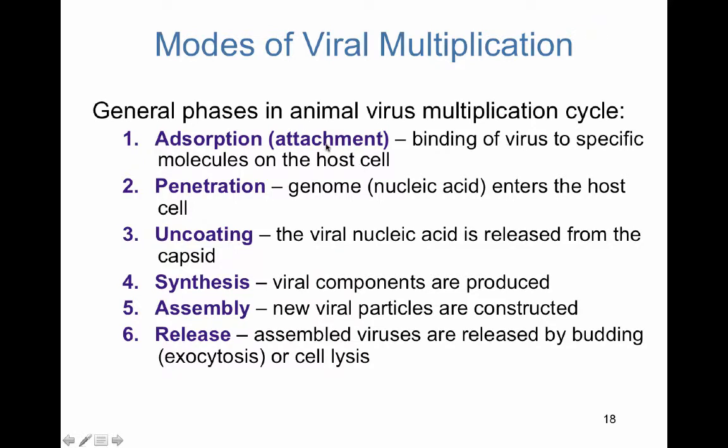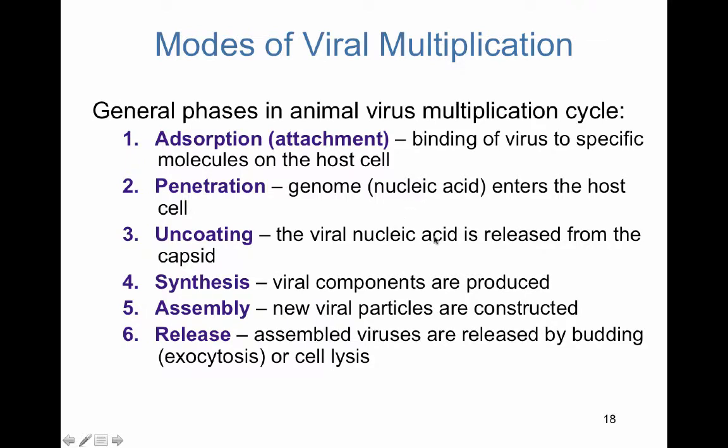So it will use its mode of attachment, which we went over, typically those spikes. It will attach to the target cell, and then it will uncoat and penetrate that cell by uncoating the capsid and releasing the nucleic acid. So the most important part of the virus is the nucleic acid to enter that host cell.